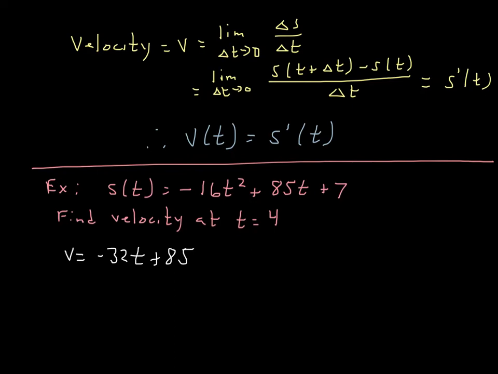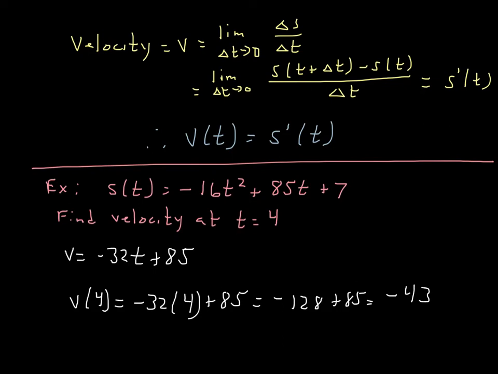And therefore, the velocity when t is equal to 4, v of 4, is going to be negative 32 times 4 plus 85, which is negative 128 plus 85, which gives us negative 43 feet per second. So our velocity in this case is negative 43 feet per second.